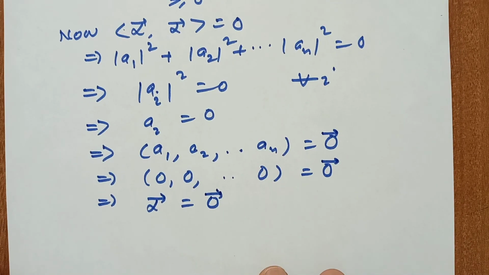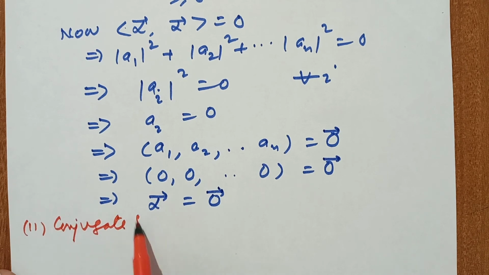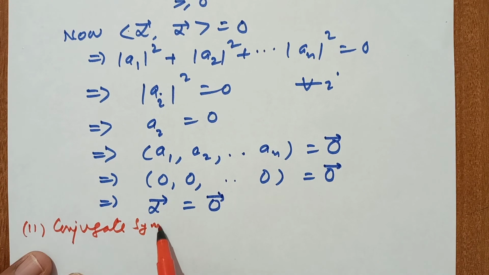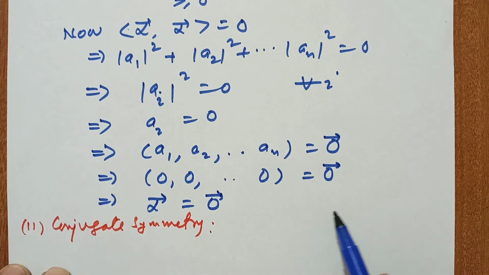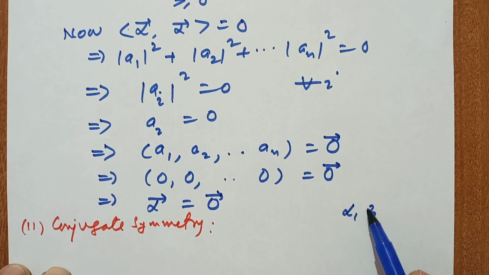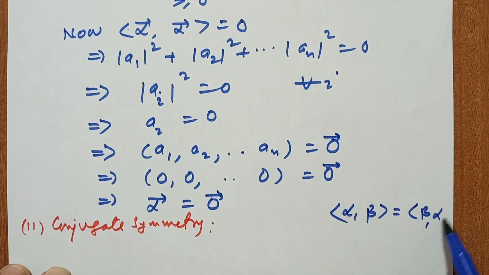Now the second property. What is the second property? The second property is conjugate symmetry. Conjugate symmetry is nothing but inner product of alpha, beta equal to the conjugate of inner product of beta, alpha.